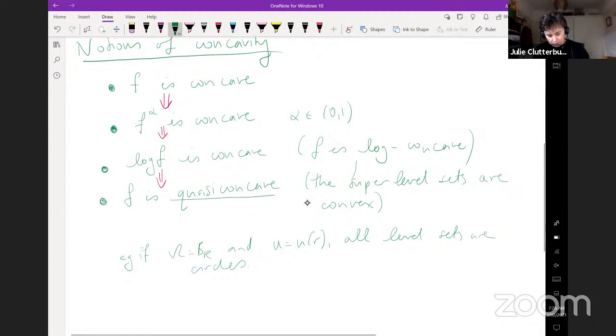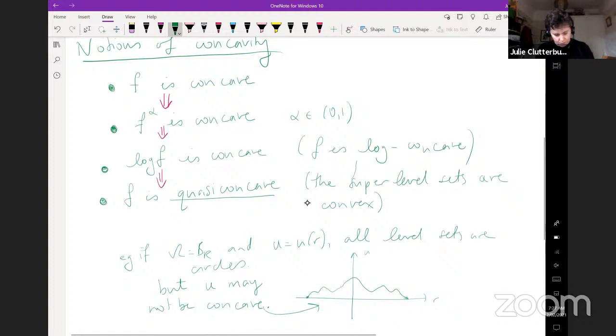So U of R might look something like this. So this quasi-concavity notion is really very weak.